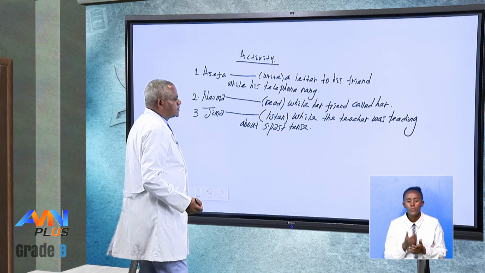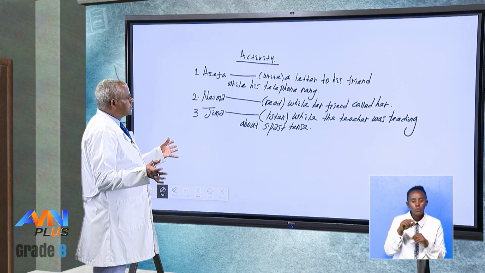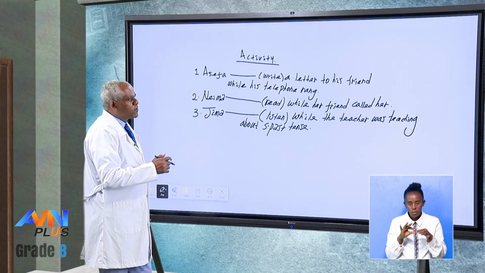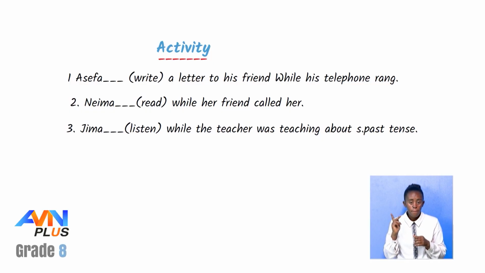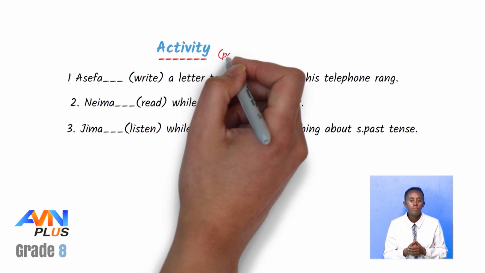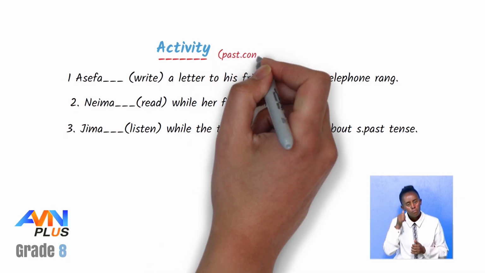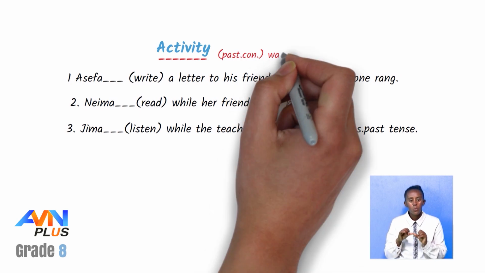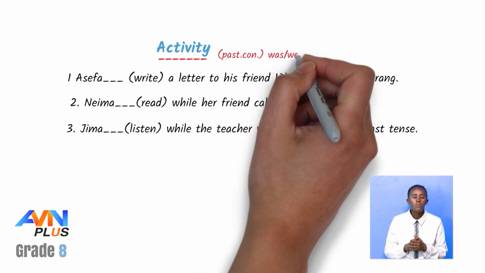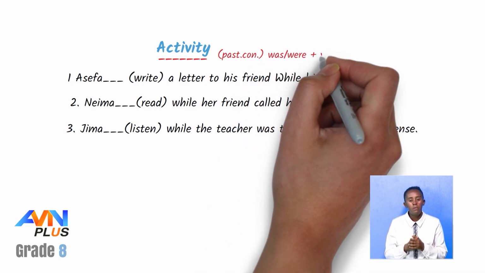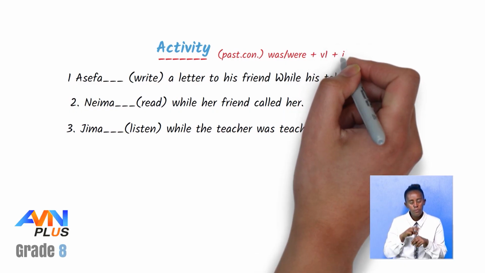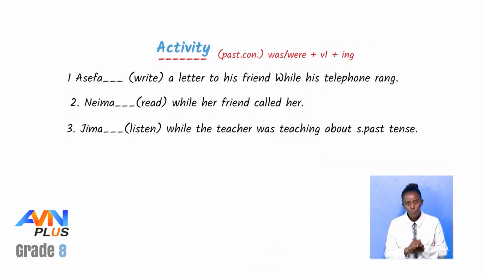Good, students. I would like you to complete these 3 sentences using the past continuous tense. To remind you of the past continuous tense form, that is was and were plus the verb in the ing form.